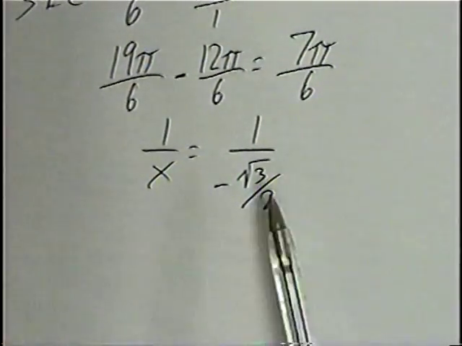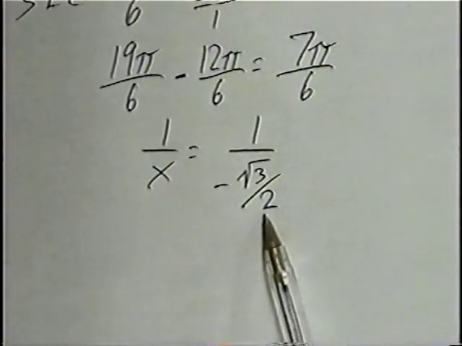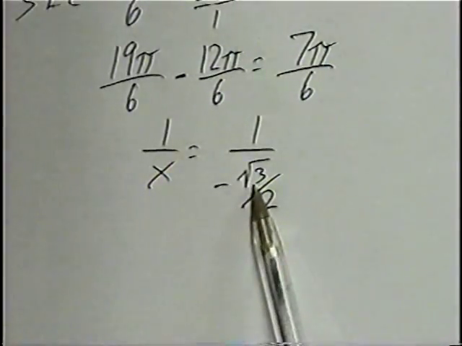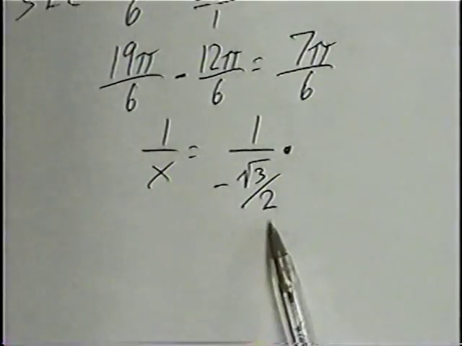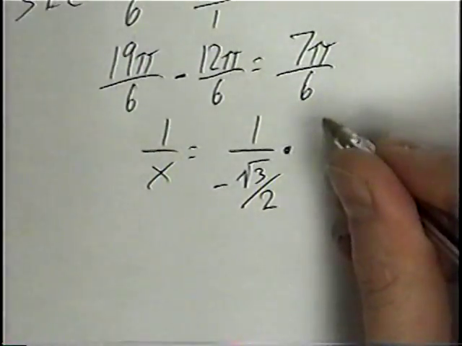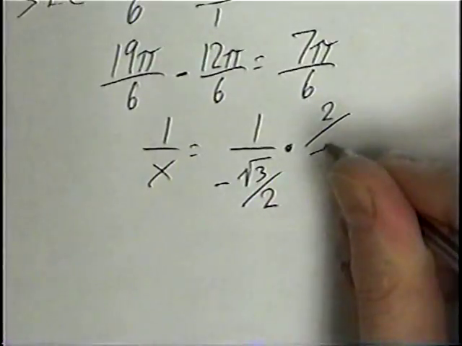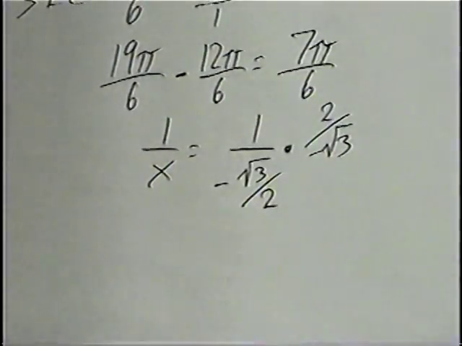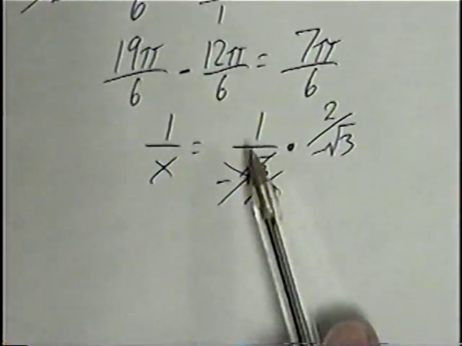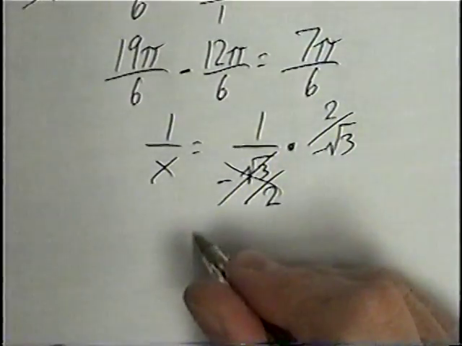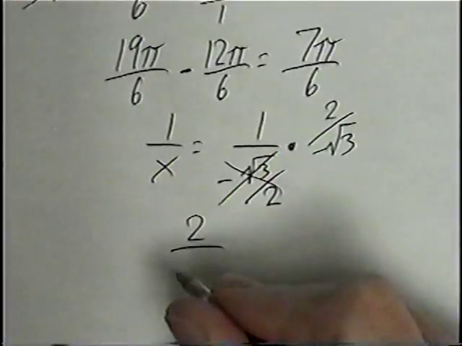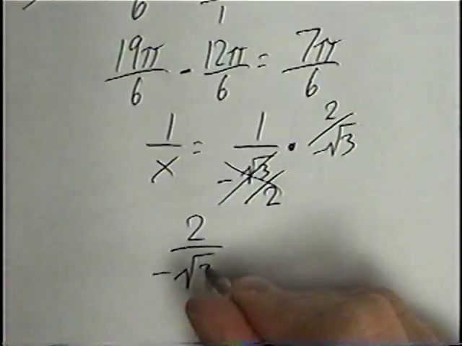Simplifying from here, we cannot have a fraction in the denominator, and we also cannot have a square root or radical in the denominator. Dividing by a fraction, we can first multiply by the reciprocal. Negative radical 3 over 2 would be 2 over negative radical 3. 1 times 2 over negative radical 3 would stay the same, so we'd have 2 over negative radical 3.